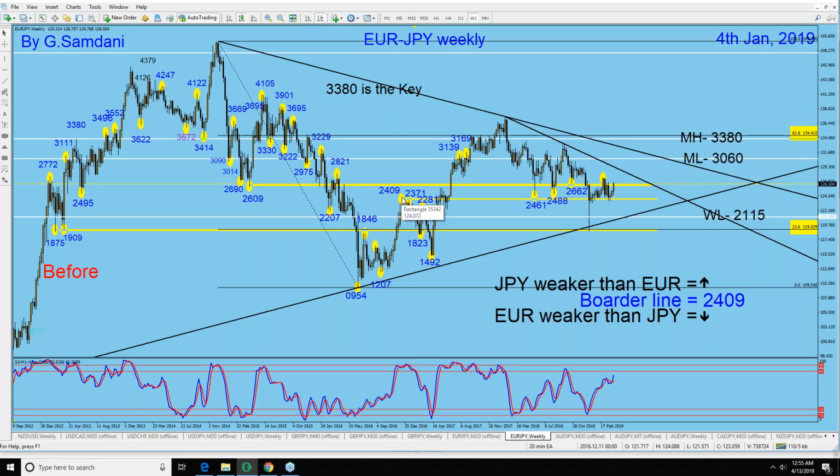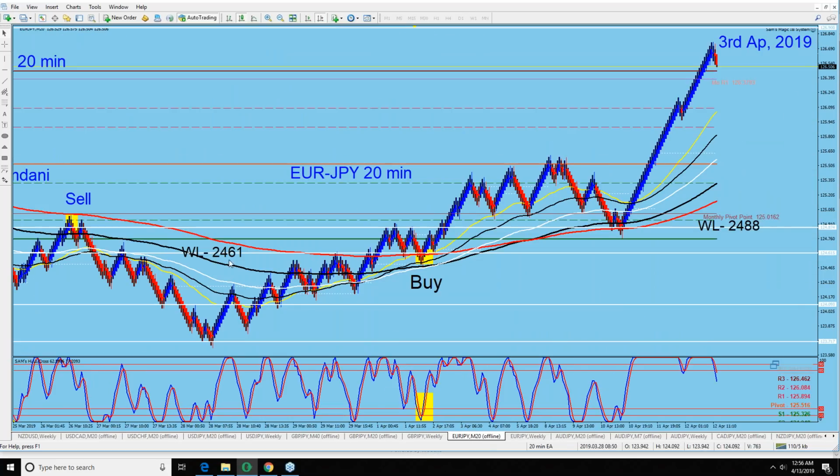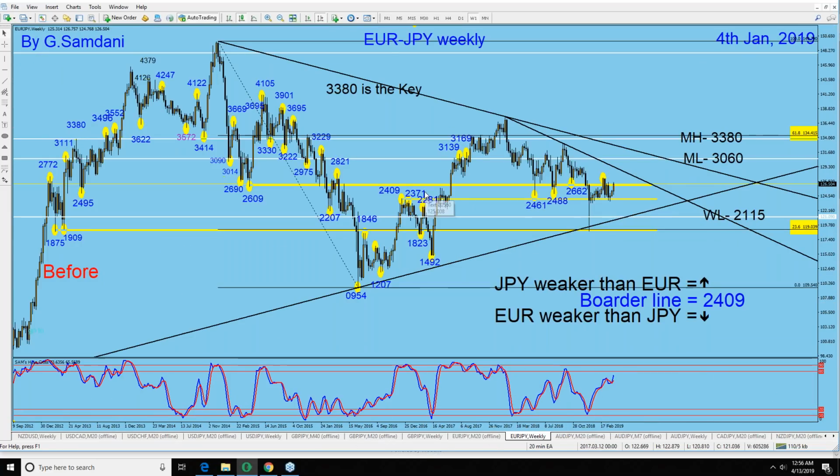After a big move, we start dropping. So 24.09, and just next to it we have 23.71. If you go back you see this is 24.09 and this is 23.71. Yeah, 23.71, and then you have 22.81.